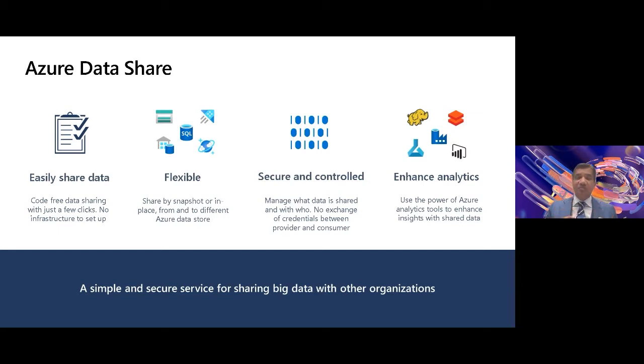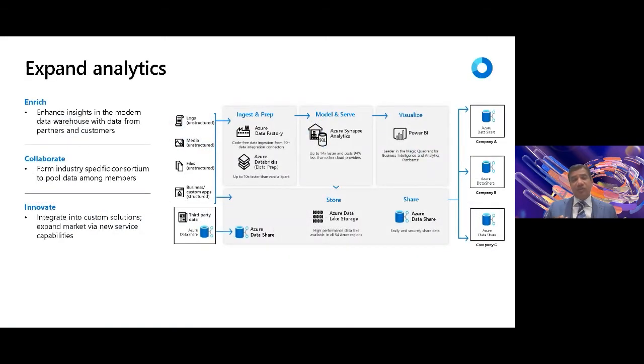What this ultimately helps to do is to make this notion of sharing big data with other organizations or with other business units within your own organization a very simple exercise. And this is super critical. Once you have done that, it allows you to collaborate with really large data sets and allows you to enrich and innovate on top of those data sets. In short, it allows the range of analytics to be much more expanded.